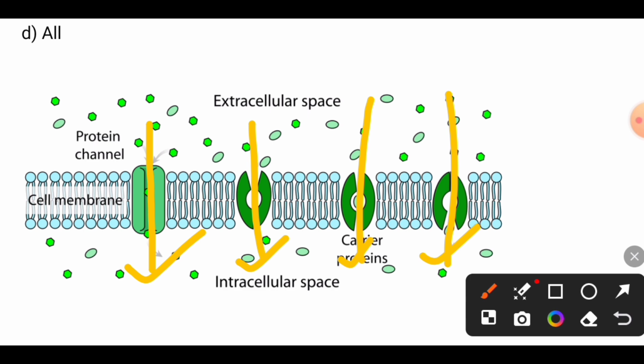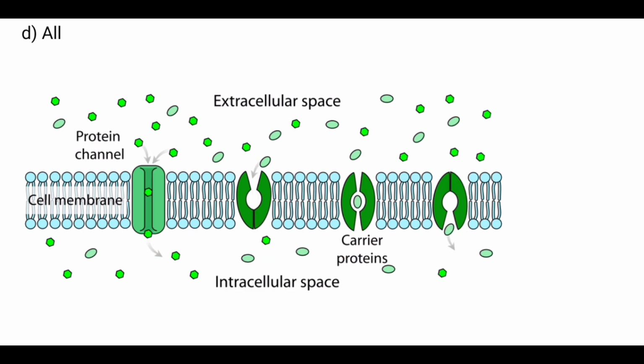Let's see what carrier proteins and channel proteins are. Proteins give the passage for the movement of ions or molecules into the cell or outside of the cell. These proteins are called transport proteins. They create the passage for lipid insoluble molecules or larger molecules to cross the biological membrane.